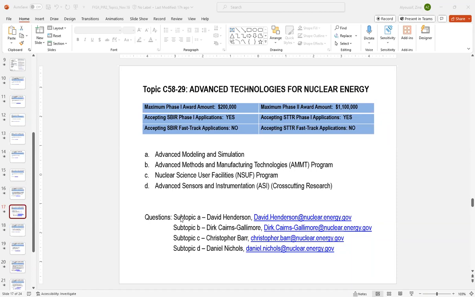If you're proposing a sensor to be deployed in the vessel and it's a PWR, then you're going to have to call out the radiation environment, the temperature environment, and the pressure environment, and say we're creating a sensor that will survive those conditions for X amount of time. And that X amount of time should be a very practical duration. Hopefully that answers the question. Thank you so much. Thank you. Let's go back to subtopic B.